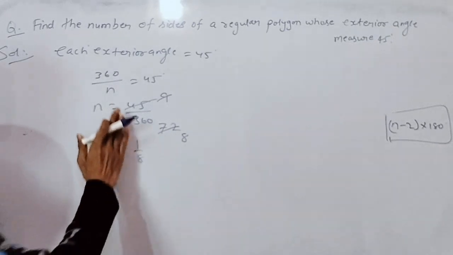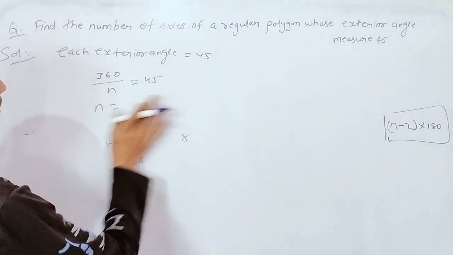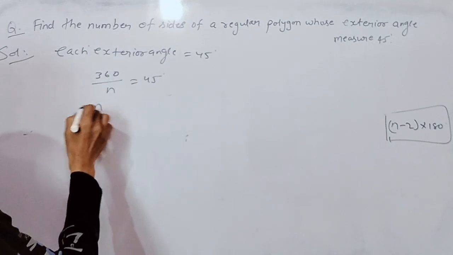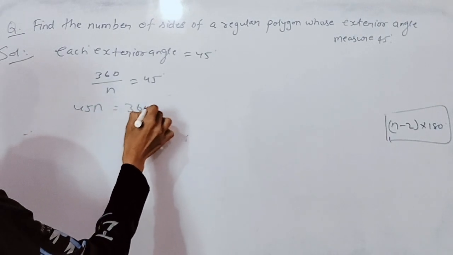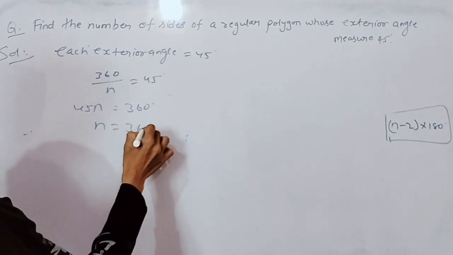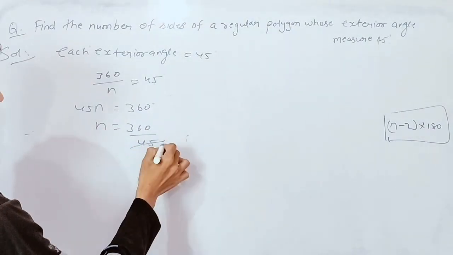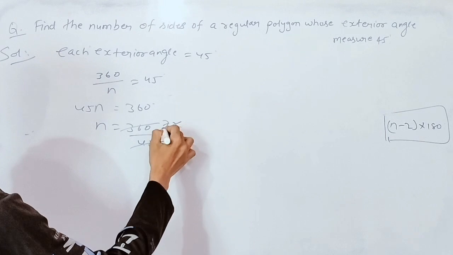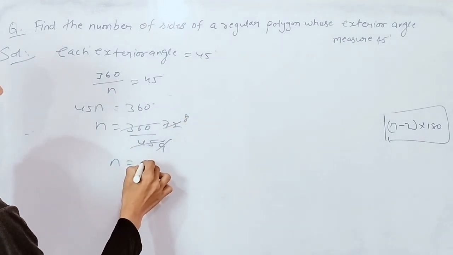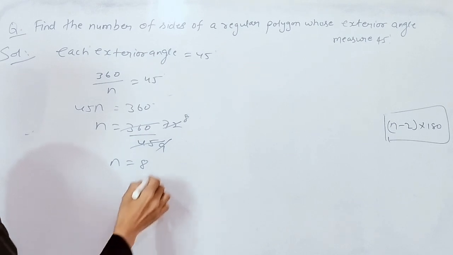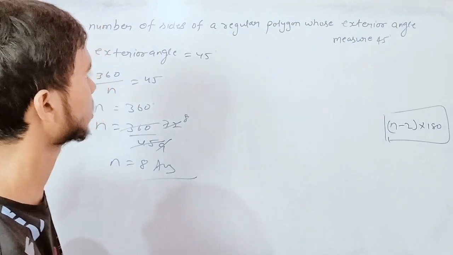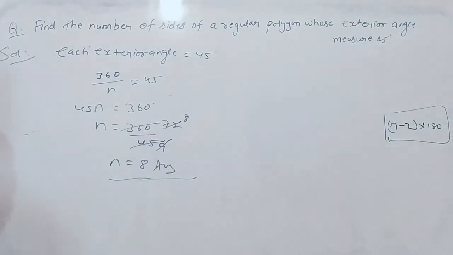So hold on, here I did wrong. The number of sides is 360 upon 45. 9 fives are 45, and here 72, 9 eights are 72. So the number of sides is 8. This is the answer. So the polygon is an octagon.